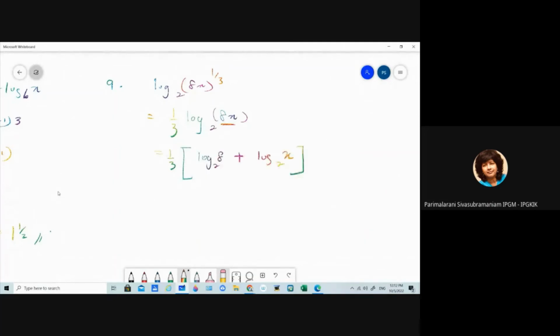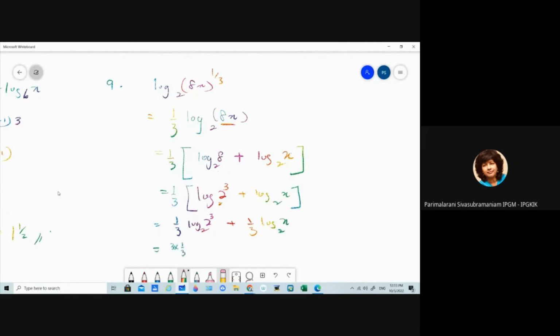Okay, so now you want to simplify it further. Look at the base, which is 2. So x, you can't do anything about it, but 8, you can change it to base 2. So 8 can be written as 2 to the power of 3. So this is 1 over 3 log 2 to the power of 3 base 2 plus 1 over 3 log x base 2. So bring the exponent to the front.